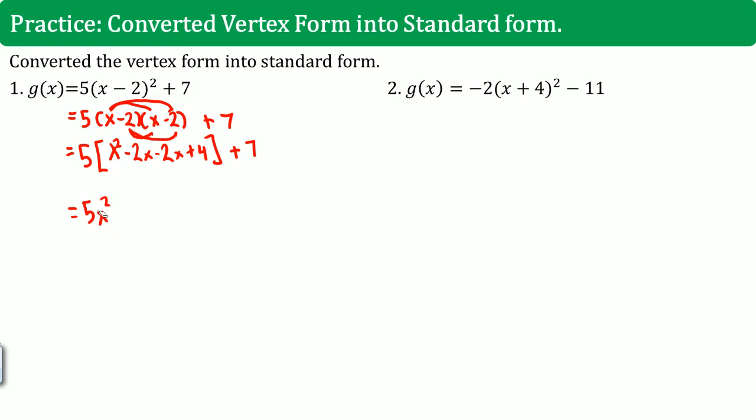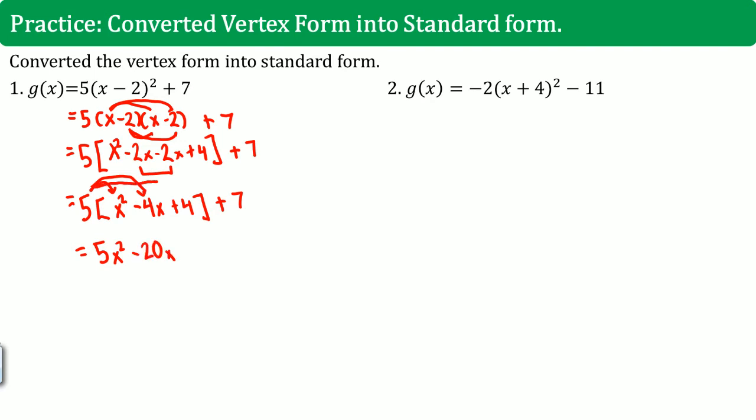Actually, let's simplify the inside stuff first. So inside, it should just be x squared minus 4x plus 4. Close the bracket, plus 7. Now I'm going to distribute to each term. 5x squared, then 5 times negative 4x becomes negative 20x.